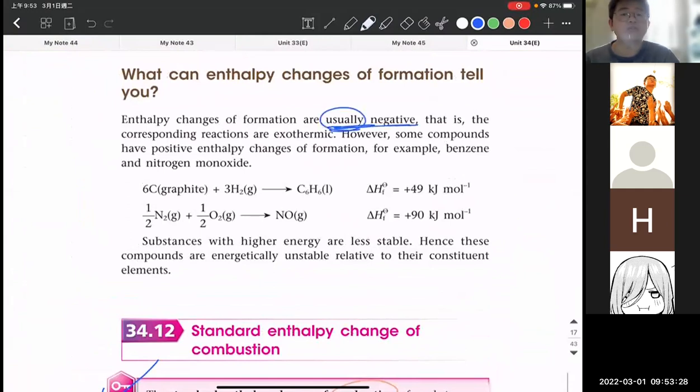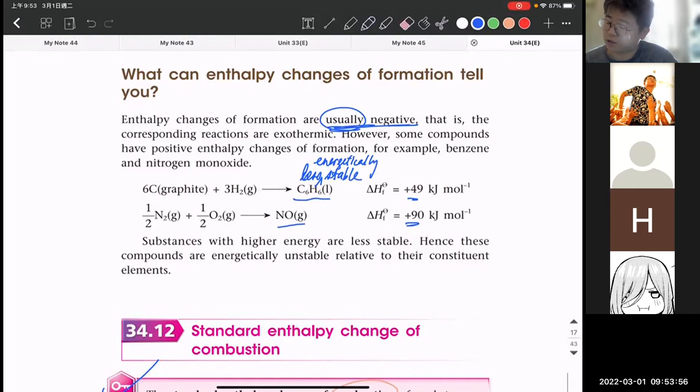Remember, delta H of formation is usually negative, but sometimes we have positive. So if you write down something as positive, it means that the product to be formed is less stable energetically. So you write down energetically less stable.